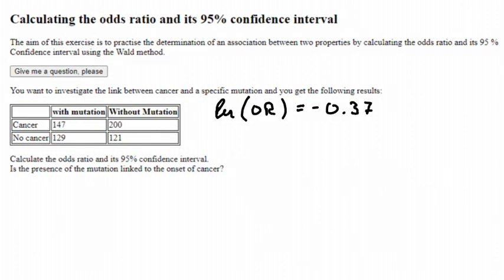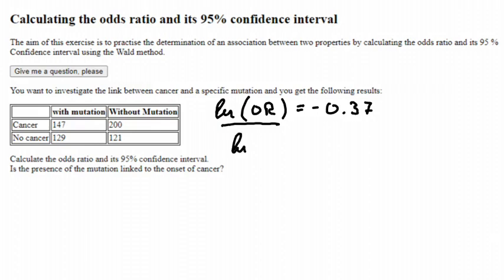Now we can calculate the confidence interval for this ln of the odds ratio, and we would do that by the following calculation.